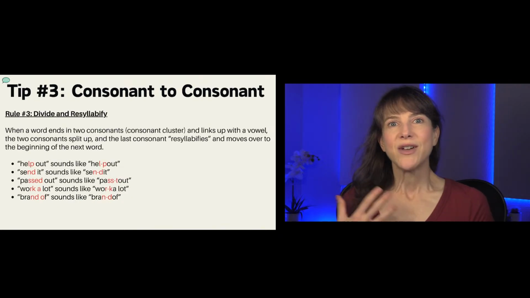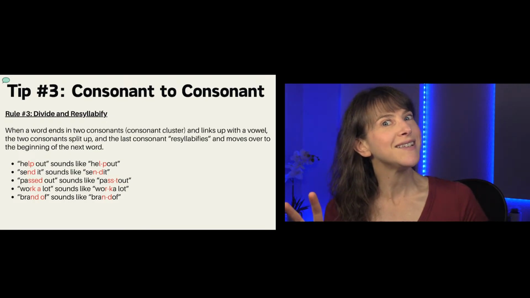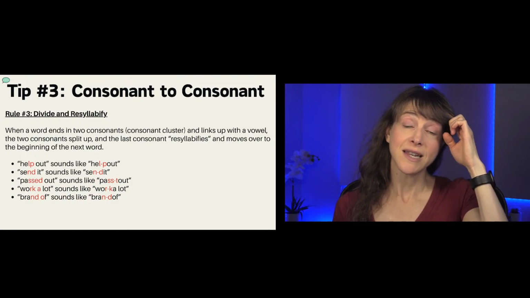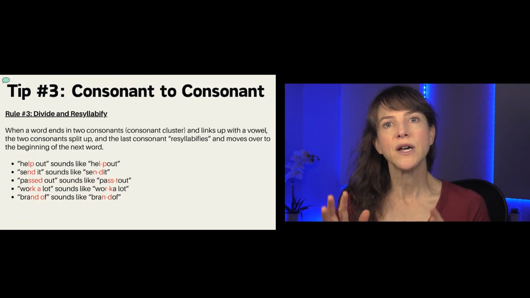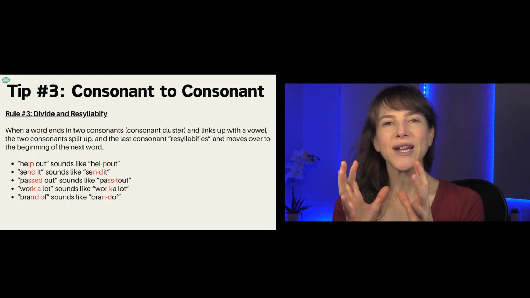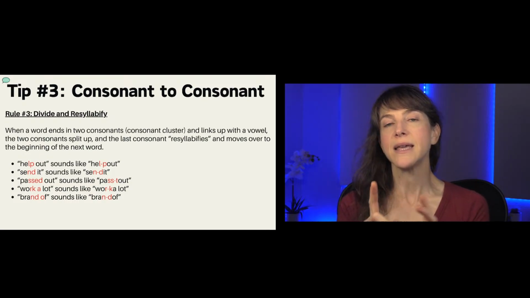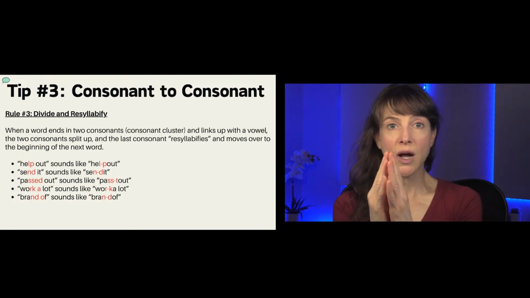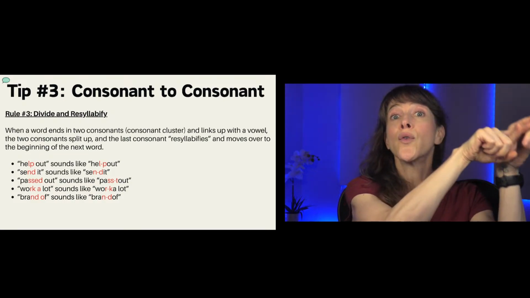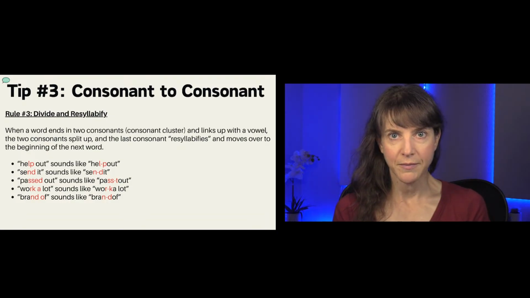All right, so now we have another rule here where consonants are dividing and resyllabifying. Okay, so this one is very similar to the consonant to vowel rule, but now you have two consonants that are going to split first. So when a word ends in two consonants, also called a consonant cluster, and links up with a vowel, the two consonants split up, and that last consonant will move over, will resyllabify, to the beginning of the next word.